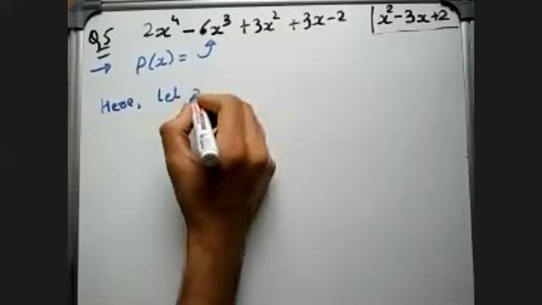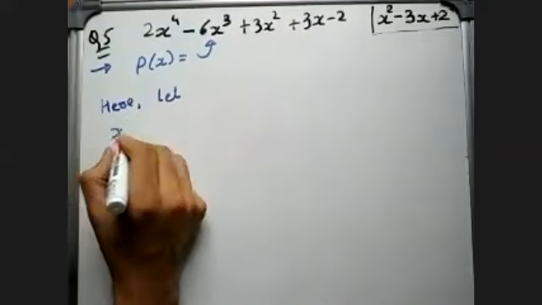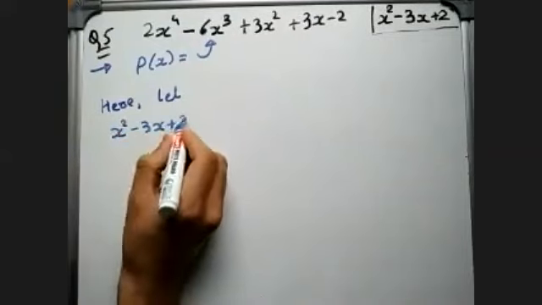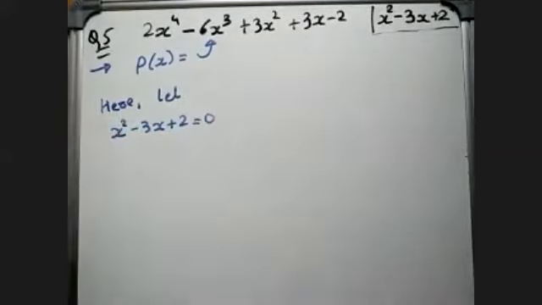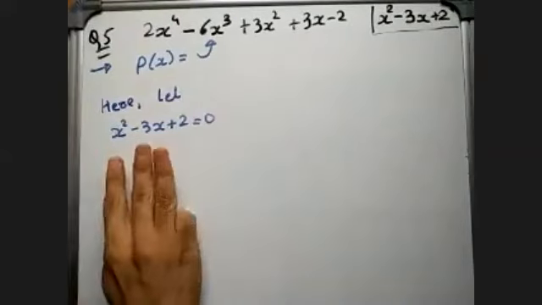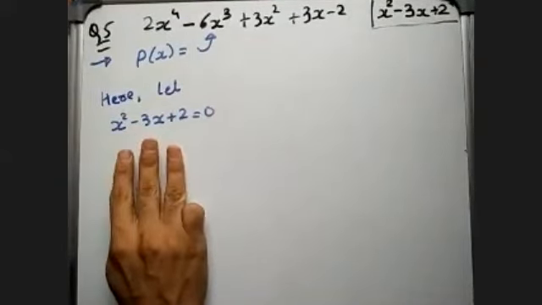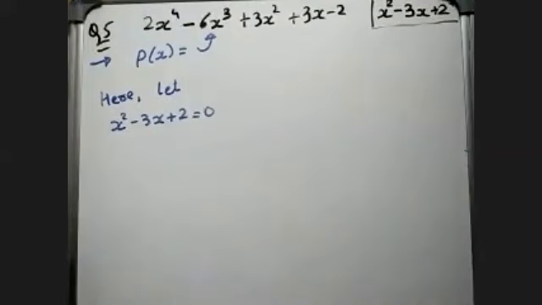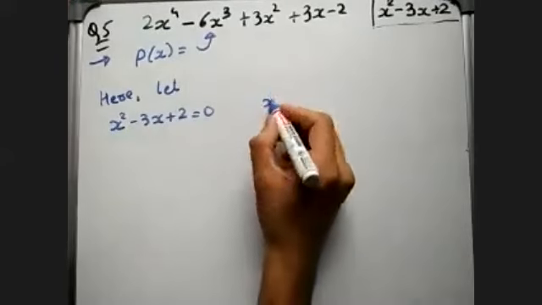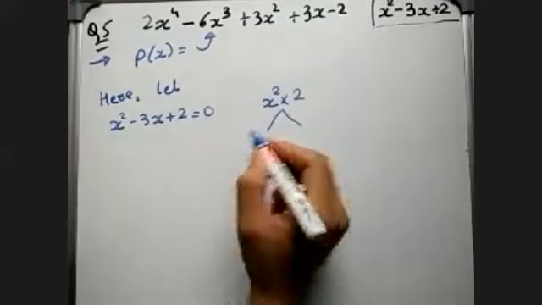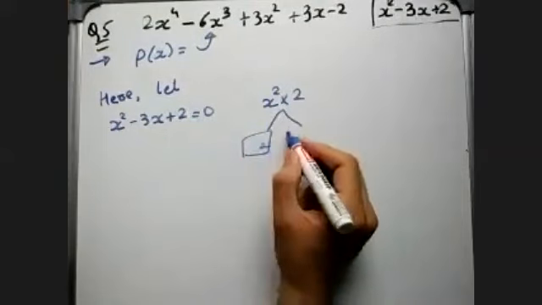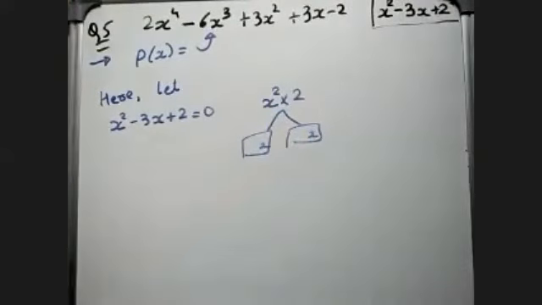x square minus 3x plus 2 equal to 0. Now, here we are having 3 terms. So whenever we are having 3 terms, we are going to use splitting the middle term. So how we are going to use splitting the middle term over here? First term into last term, that is x square into 2. Its factors, so x first you write. Now sign of last term.